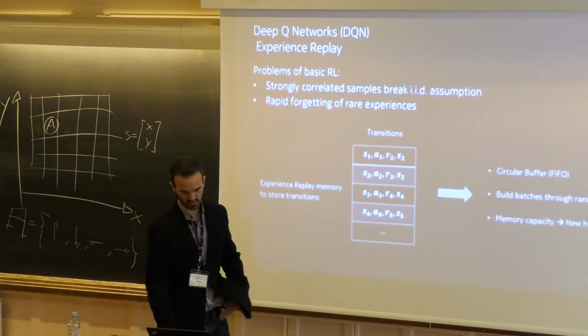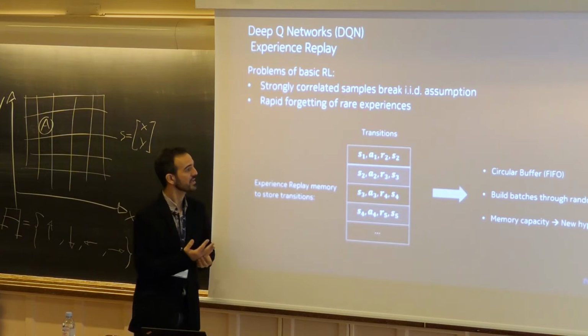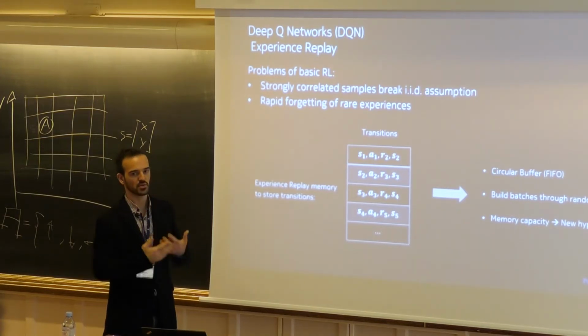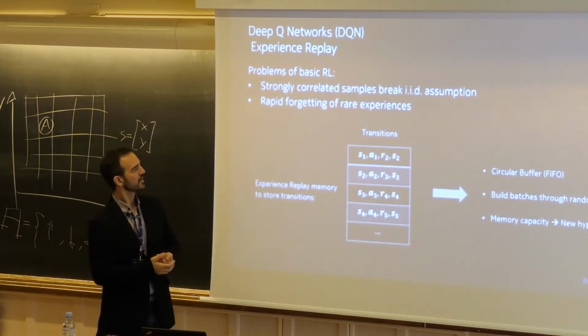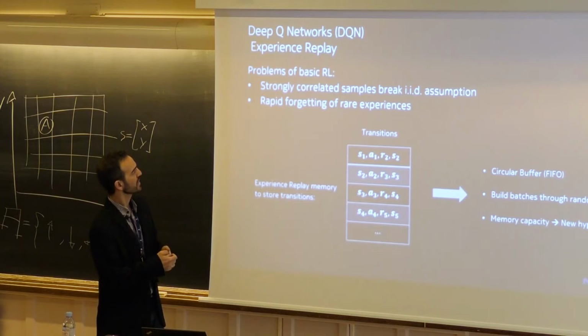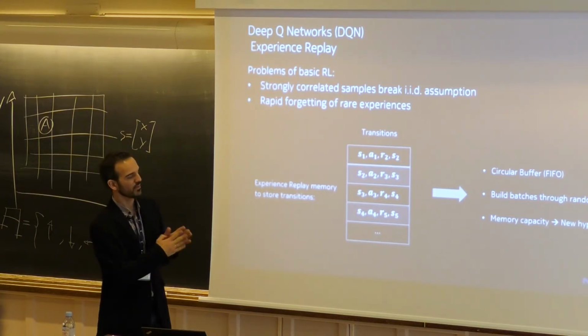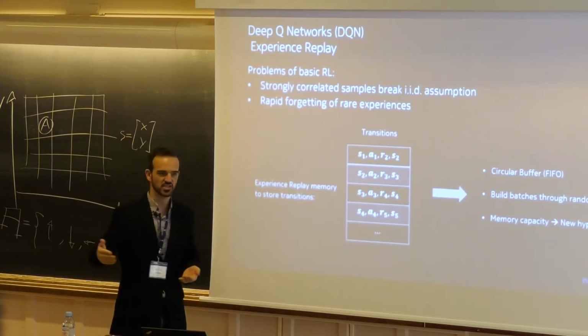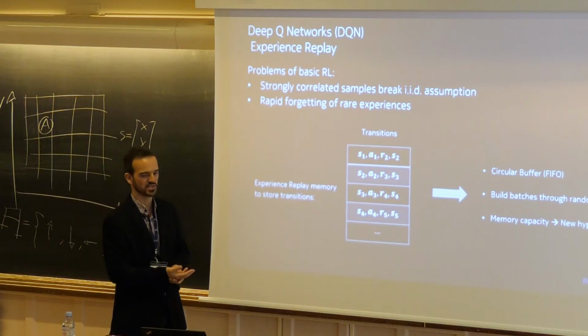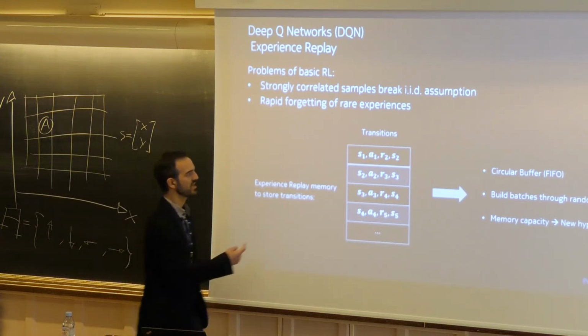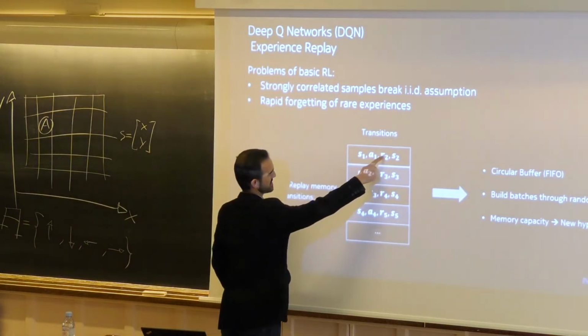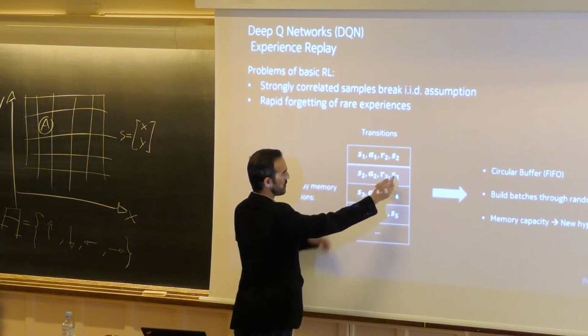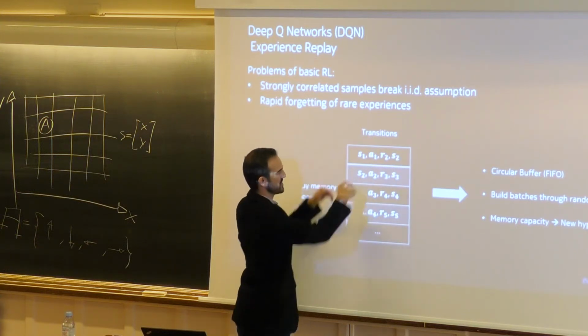Okay, so this is called experience replay. It's also a main ingredient within DQN. How do we do that? How does it work? Now, the agent is taking decisions sequentially again. So what we do is we collect those transitions. Every time the agent is at some state, takes an action, gets a reward, and lands on a different state, we collect this as a tuple, and we store it in this memory.